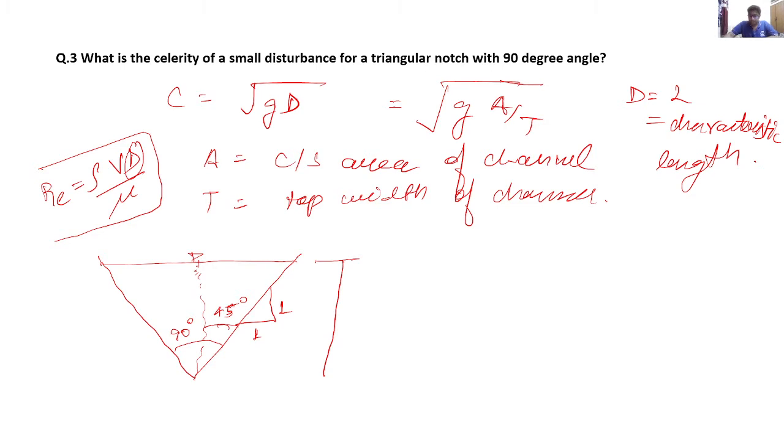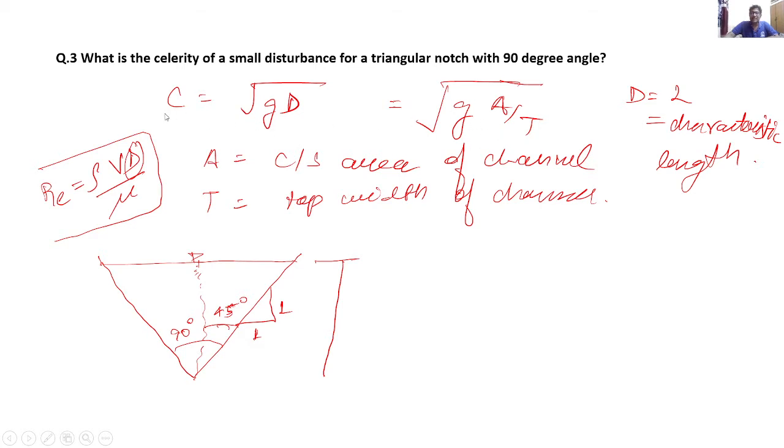Okay, so the equation is root GD only, where D is the characteristic length or hydraulic mean depth, and D happens to be A by T. Okay, thanks, sir. So there, I think the wrong option of square root of G D square is given. It does not make any sense because the dimensional similarity is not achieved.